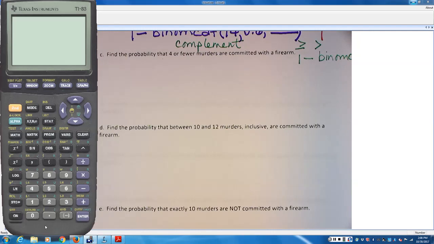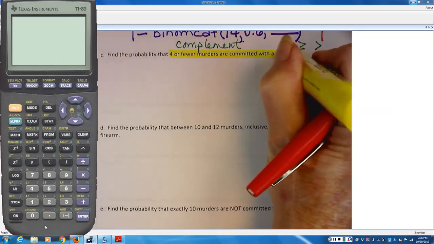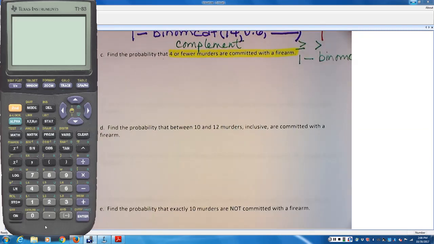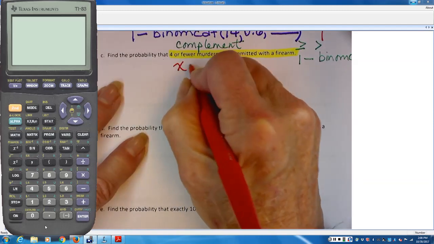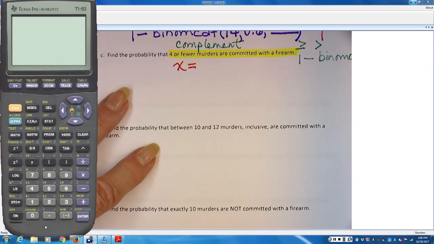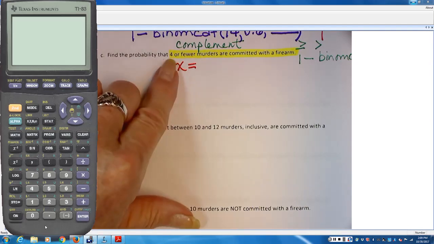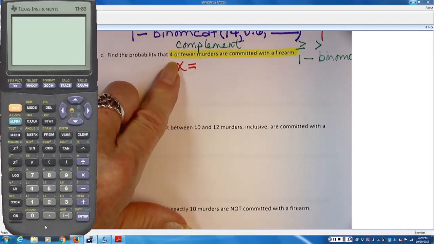Okay, let's look at this one. What's the probability that 4 or fewer? What does that look like? What is X? Is 4 included? Yeah, it says 4 or fewer, less than or equal to 4, because fewer tells you you're going down.